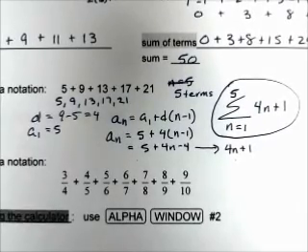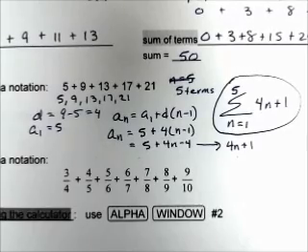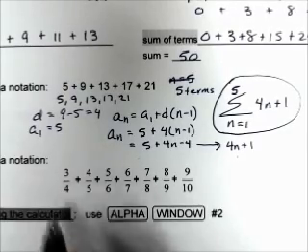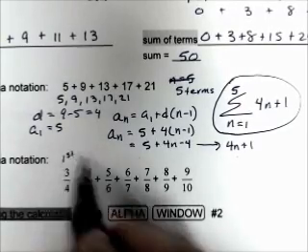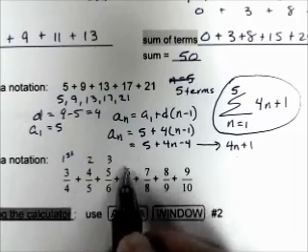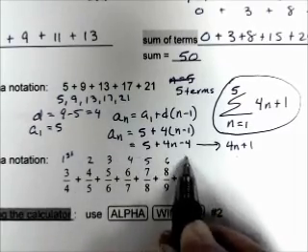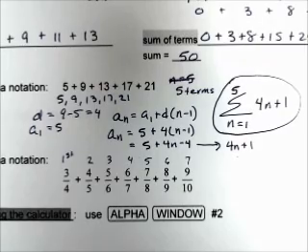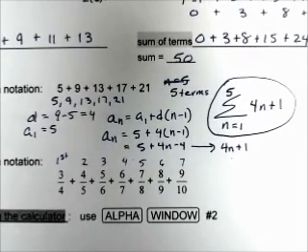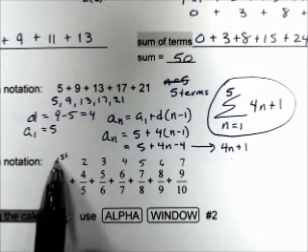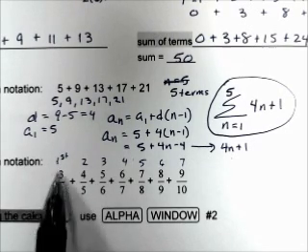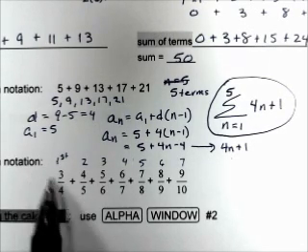All right, well, this doesn't look like an arithmetic sequence, so we have to come up with our rule. This is our first term. This is our second, our third, our fourth, fifth, sixth, seventh, and so on. Well, what do we do to 1 to get 3? Well, we could add 2 to it.